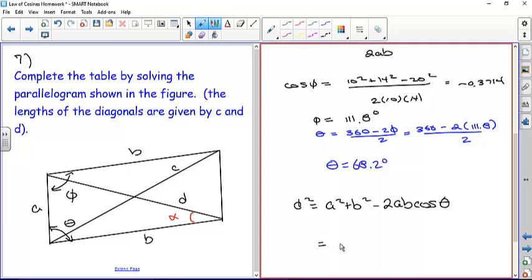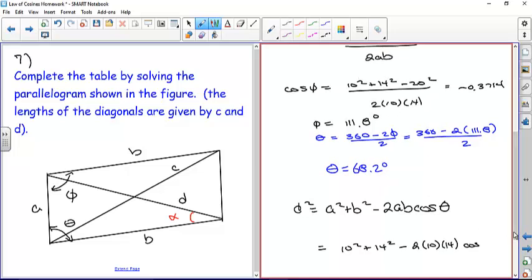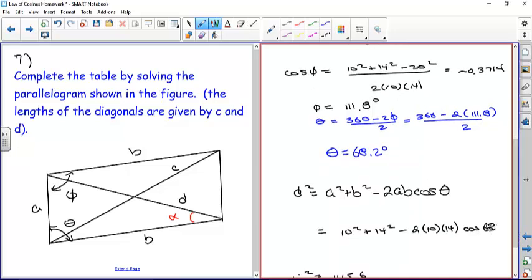So a is 10, b is 14, and then we have 2 times 10 times 14 times the cosine of 68.2 degrees. So d squared is 10 squared plus 14 squared minus 2 times 10 times 14 times the cosine of 68.2 degrees.